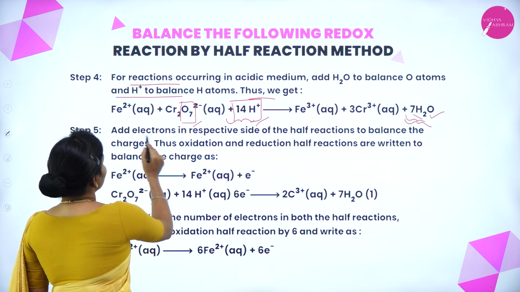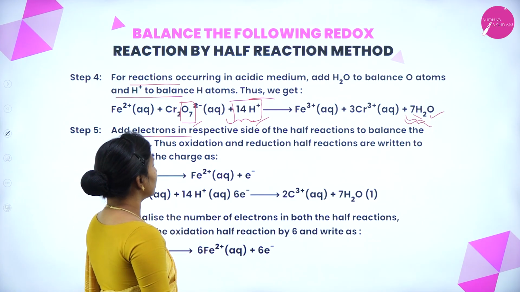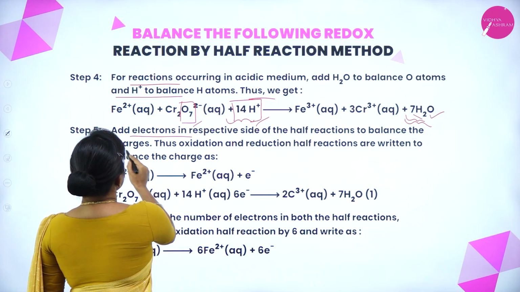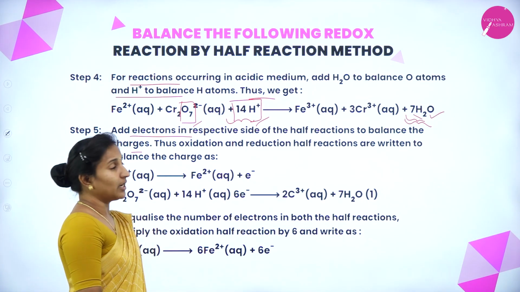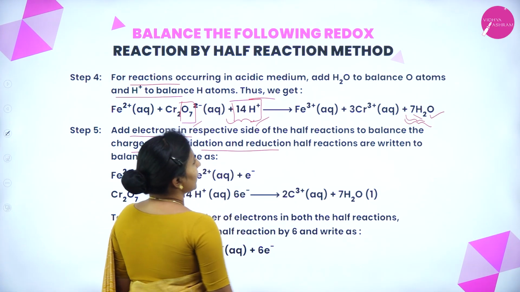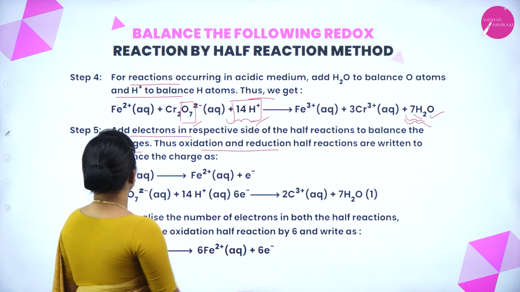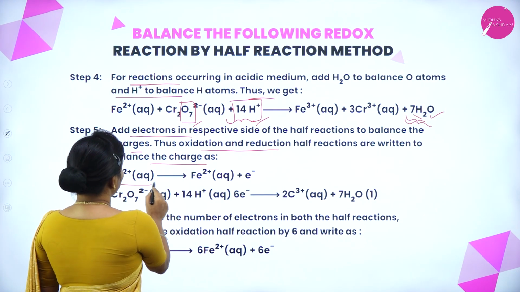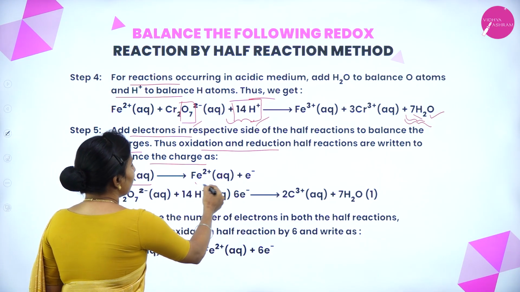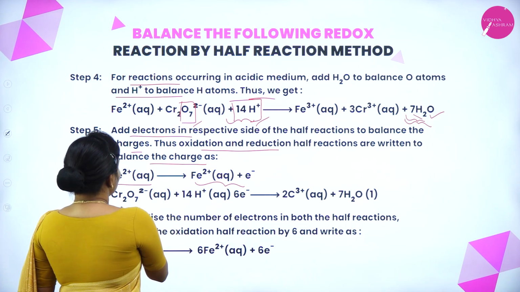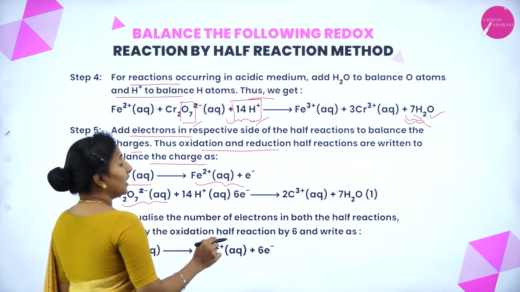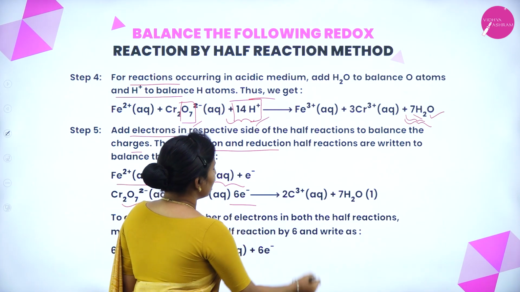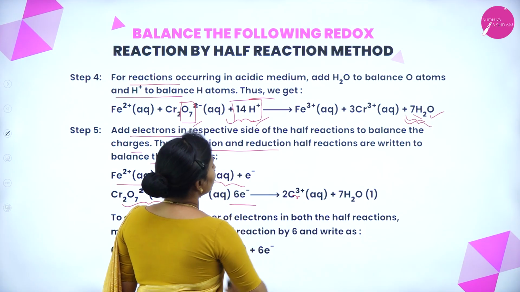In step 5, add electrons on the respective sides of the half reactions to balance the charges. Thus, the oxidation and reduction half reactions are written to balance the charge as Fe2+ with addition of 1 electron, and for chromium ion, addition of 6 electrons, giving chromium 3+.